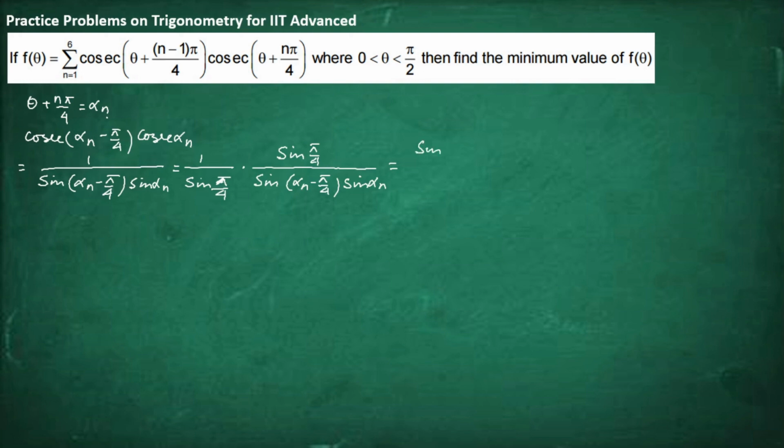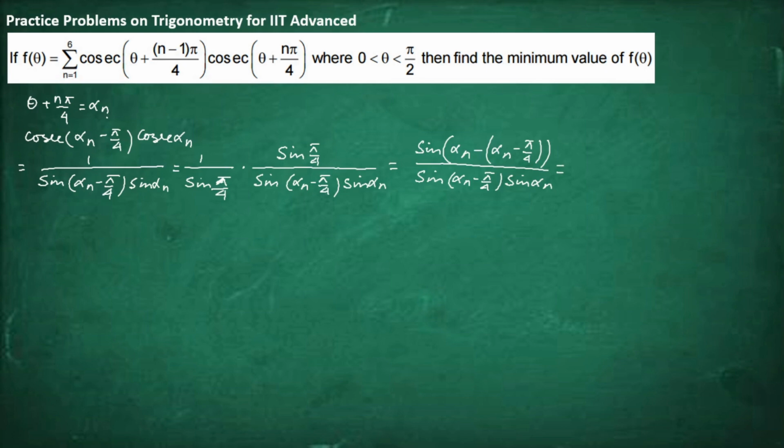Now sine pi by 4 I can write it as sine(alpha n minus (alpha n minus pi by 4)) divided by sine(alpha n minus pi by 4) into sine alpha n. Whatever there is in the denominator, I am writing it as it is. Now in the numerator we are having sine(a minus b).